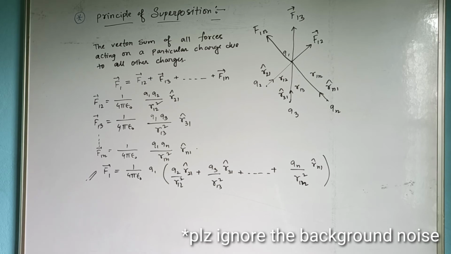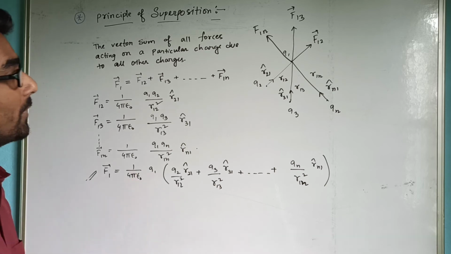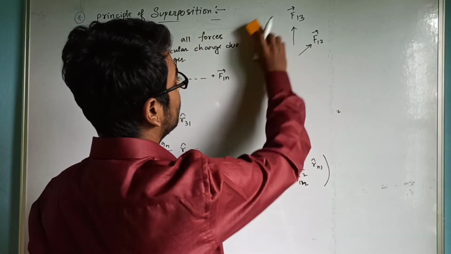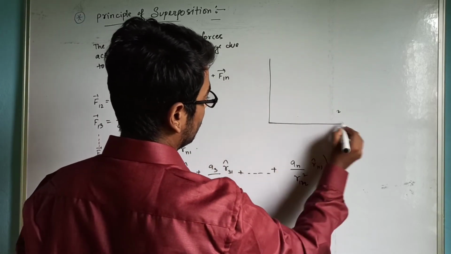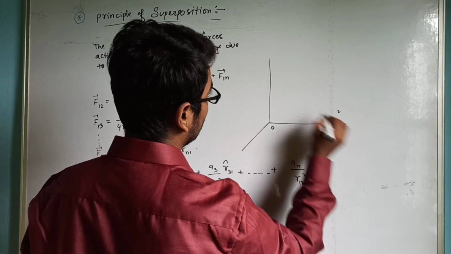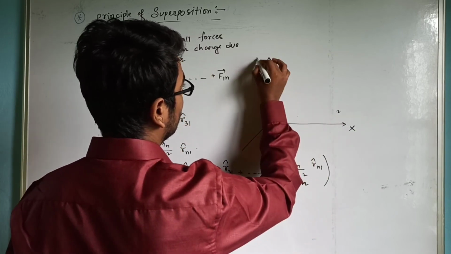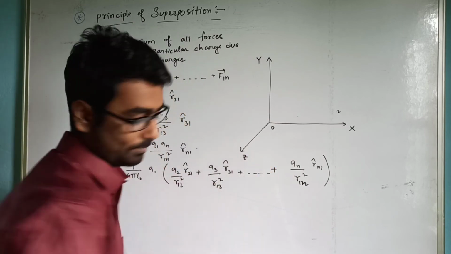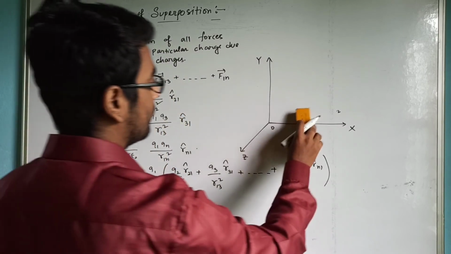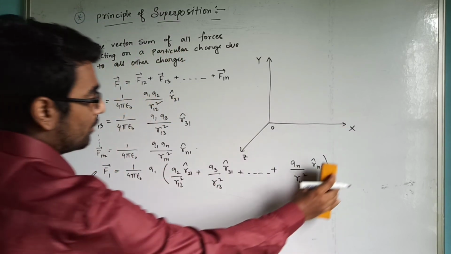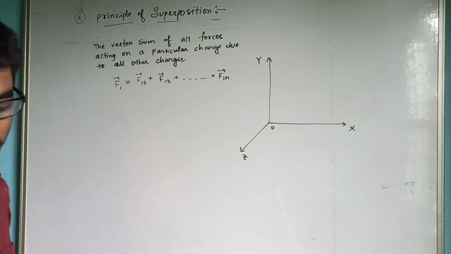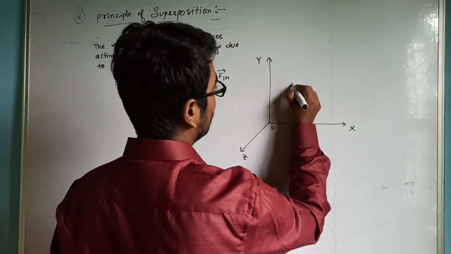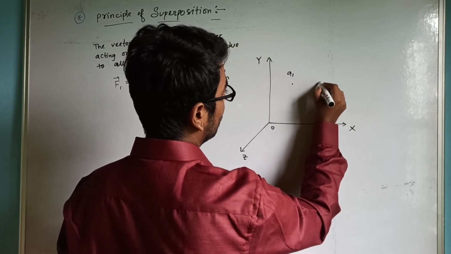So what will be the superposition in terms of position vectors? Suppose here exists Q1, here Q2.